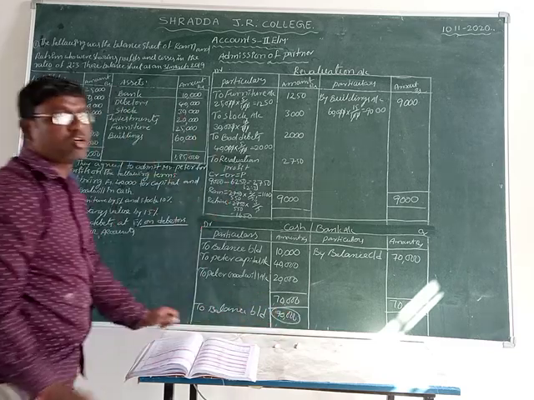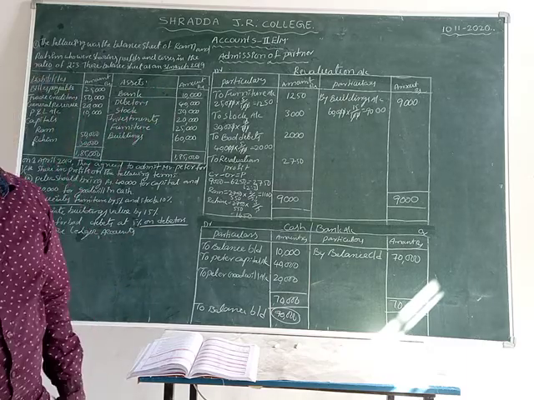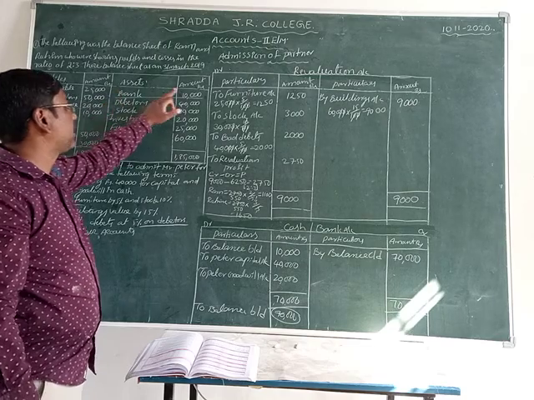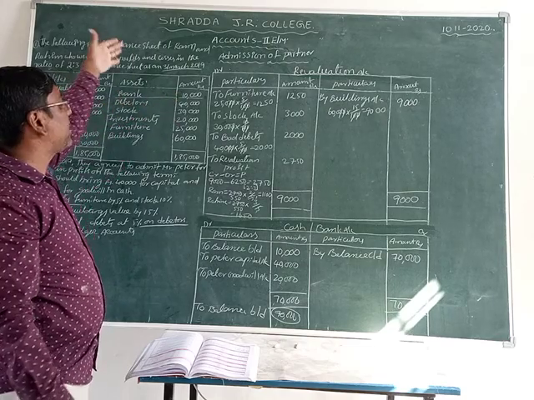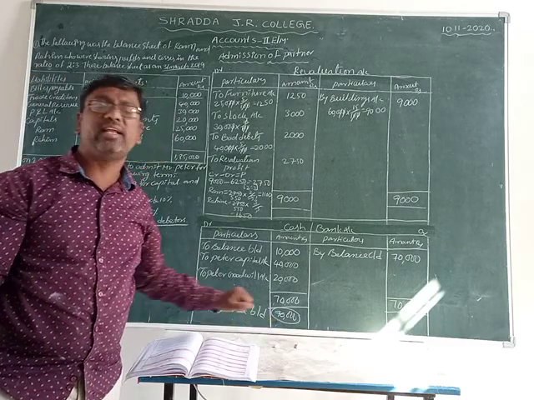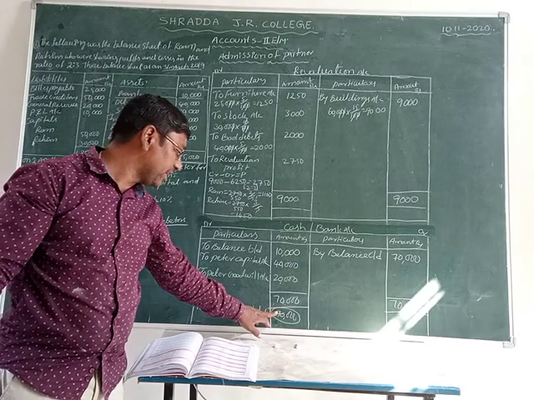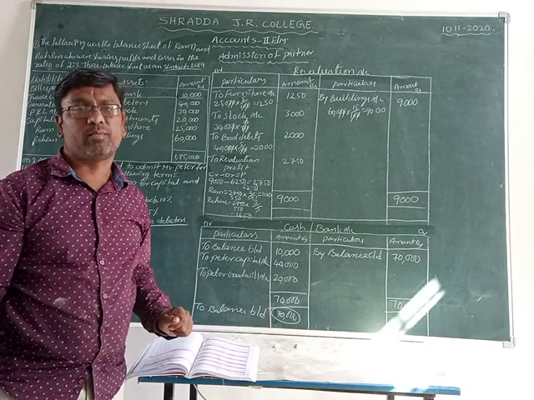This 70,000 rupees we take in the new balance sheet bank column. In the old balance sheet the bank amount was 10,000 rupees, and in the new balance sheet the bank amount is 70,000 rupees.